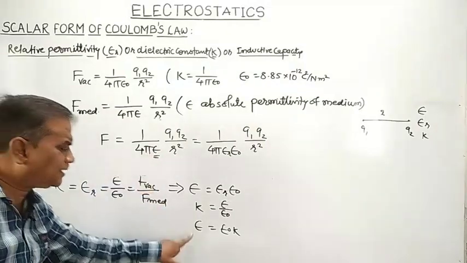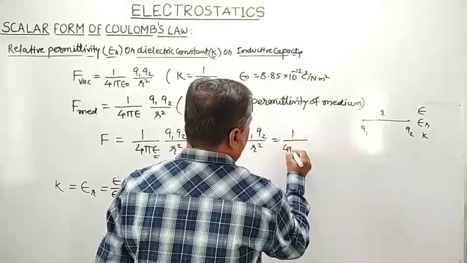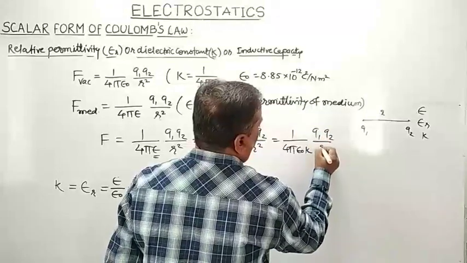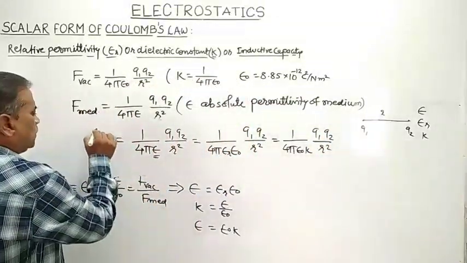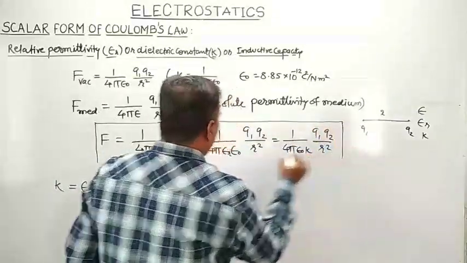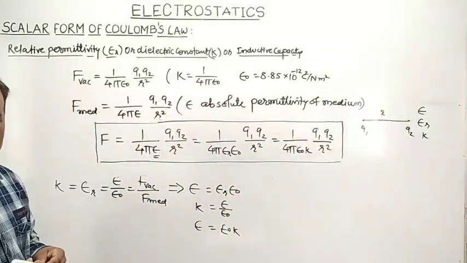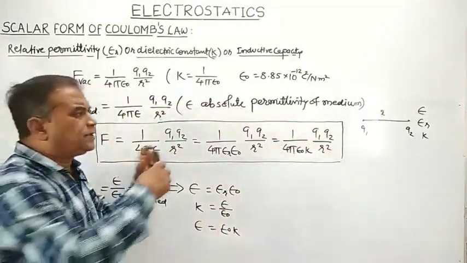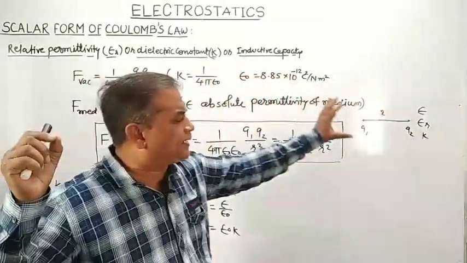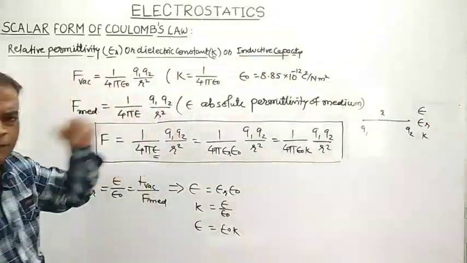Or you can replace epsilon by epsilon 0 into k. This is equal to 1 upon 4 pi epsilon 0 into k, q1 q2 divided by r square. So you can express the force of attraction or repulsion between the two point charges which are at rest, kept in a dielectric medium of dielectric constant K or absolute permittivity epsilon, by this expression.